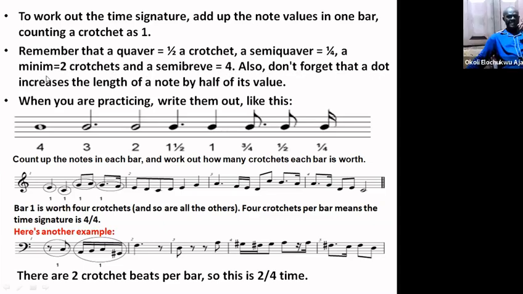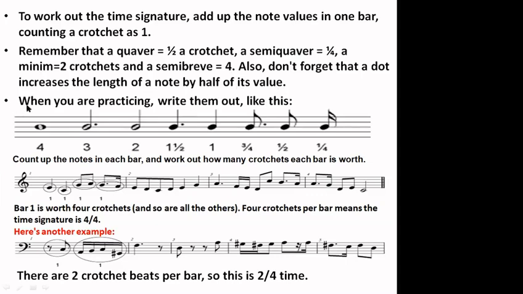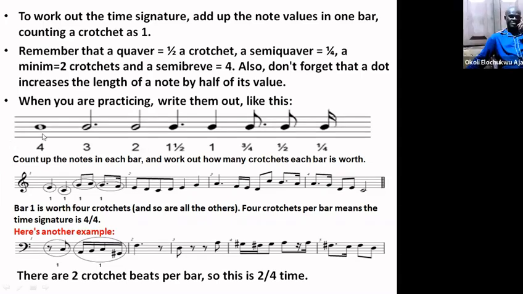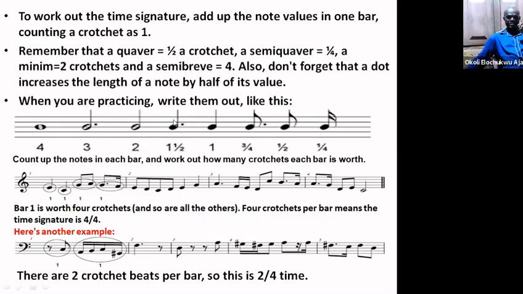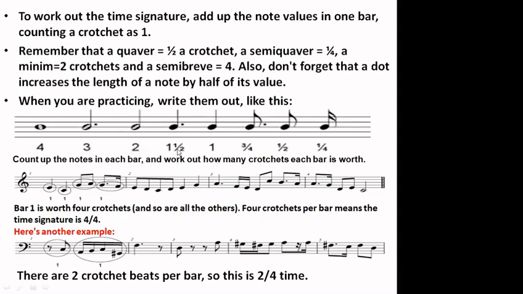Don't forget that a dot increases the length of a note by half of its value. So when you are practicing, write them out like this. This is a semibreve. It has 4 crochets. A dotted minim equals 3 crochets. A normal minim is 2 crochets. A dotted crochet is 1.5 crochets.